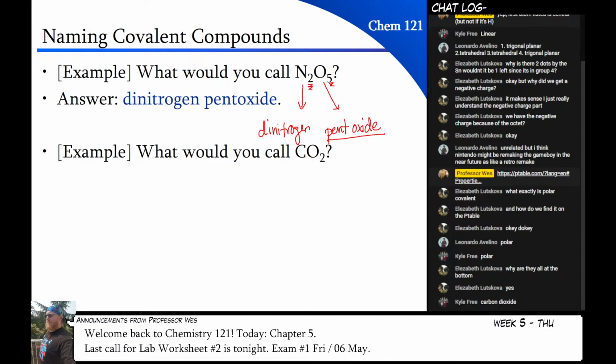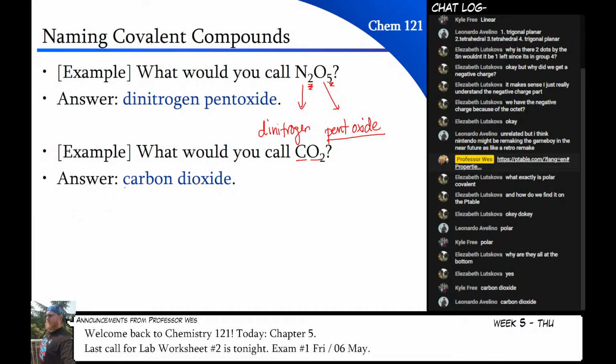This is what causes global warming. Yeah, it's carbon dioxide. Very good. So does that conform to our naming? So we'd write carbon for C and then dioxide for O2. And again, we don't say mono on the first element.